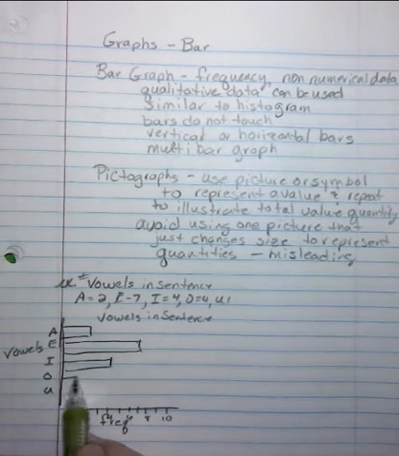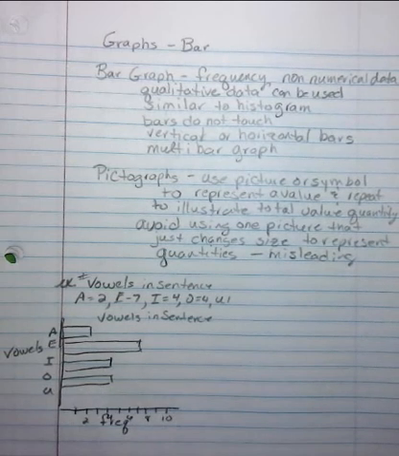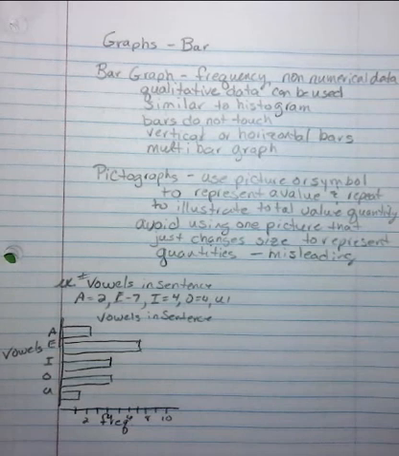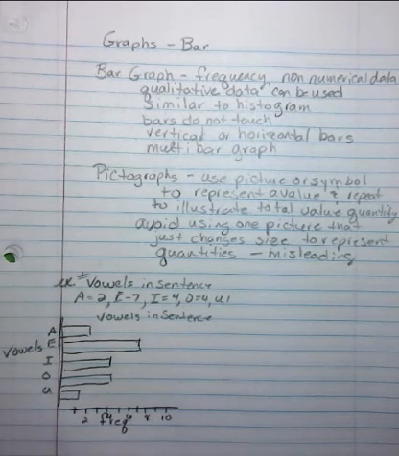O goes up to 4 also. And U goes up to 1. So there is our bar graph. It is a horizontal bar graph for that particular set of data.